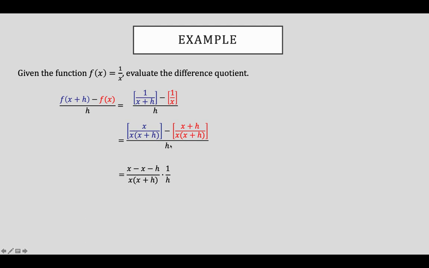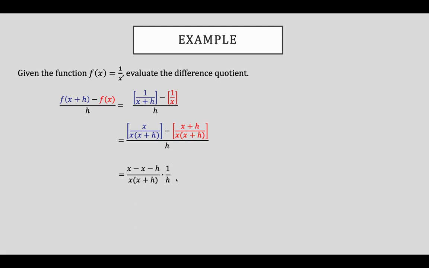And notice that I have also written the division by h as multiplying by 1 over h. All right, that is going to help us to get rid of the complex fraction. We don't want to leave fractions inside of fractions, so instead of writing this as a fraction divided by h, I can rewrite the division as multiplication. All right, I have my fraction multiplied by 1 over h.